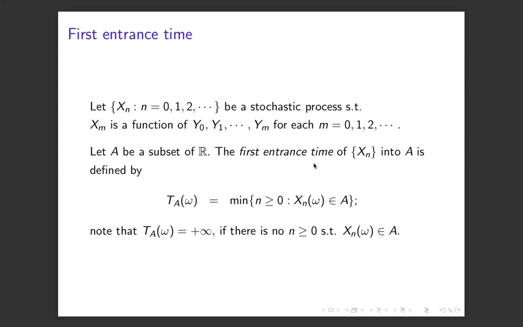The entrance time differs from the hitting time in here. The hitting time was only for n greater than or equal to 1. Now it is greater than or equal to 0.